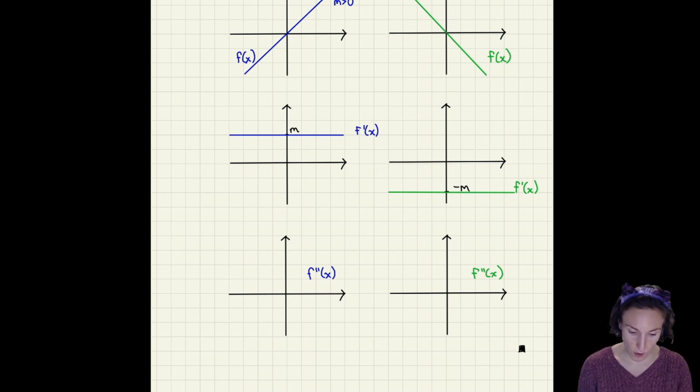So if we were to draw it, it would look like this, and it would also be along 0 for this function as well. So when we sketch the derivative of just a constant, we just get a line at 0, because we have 0 at every single point.